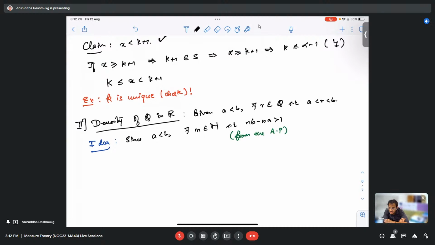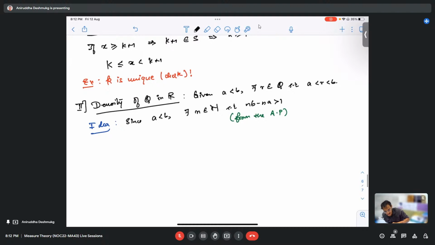Prasanjit, are you understanding what I am trying to say here? Yes, sir. You can take 1 by n, and obviously you can find a natural number such that b minus a is greater than 1 by n. Correct, that is also a correct way of writing. But what I want to say is, because b minus a is positive, n times b minus a becomes bigger than 1 after some n. So there is some n such that nb minus na is greater than 1.